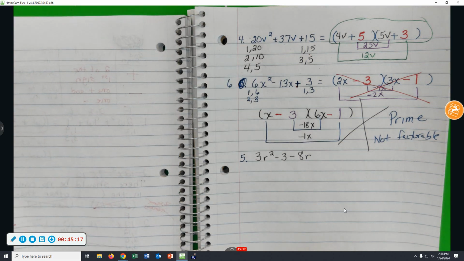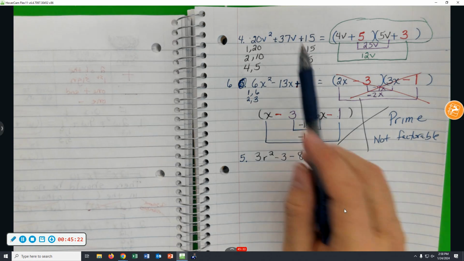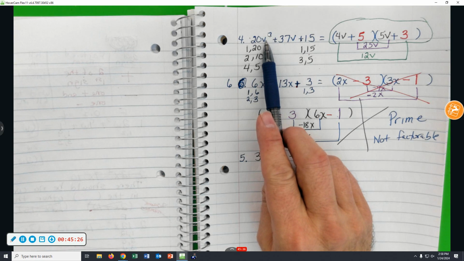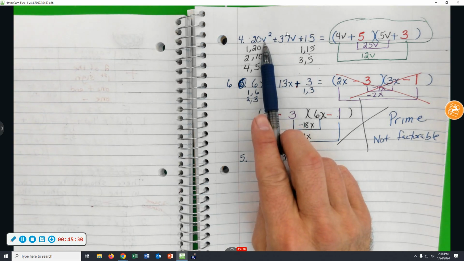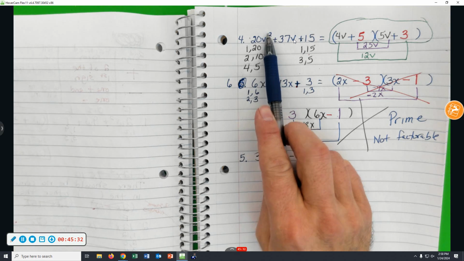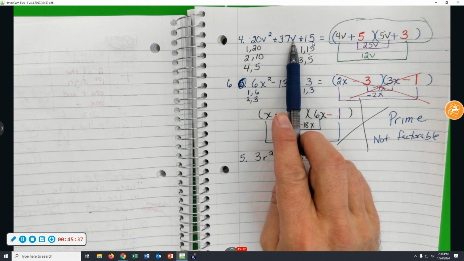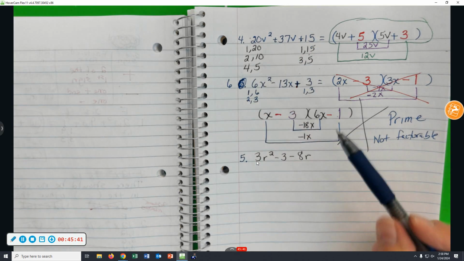For our process to work, the polynomial you're trying to factor must be in descending order based on exponents: the biggest exponent term, then the first power, and then the constant term with no variable at all. That's what I dislike about number 5.